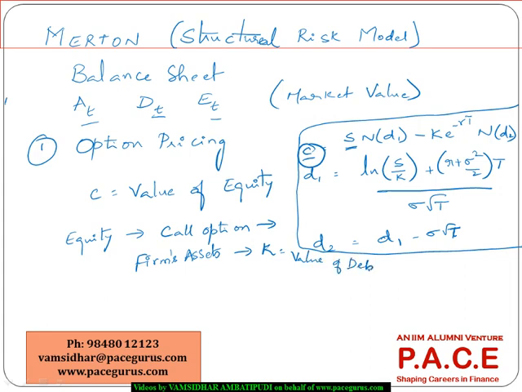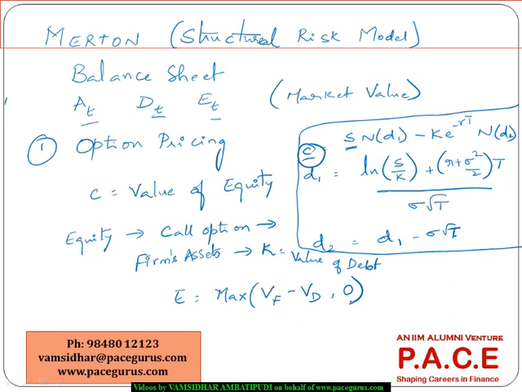Now think of it. In general, whatever payoff the equity investor is going to receive is nothing but the maximum of the value of the firm minus the value of the debt, or sometimes they will not receive anything. So if the value of the firm is greater than what has to be paid to the lenders, they are going to receive the difference.